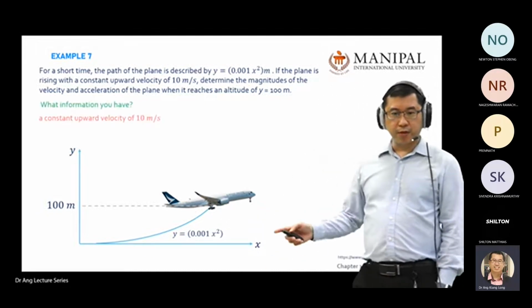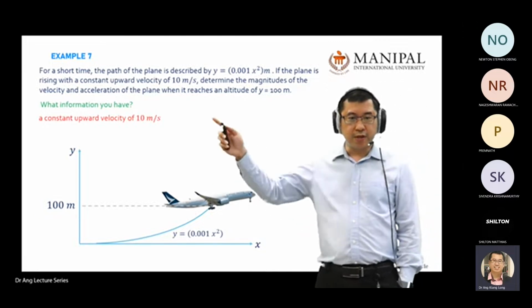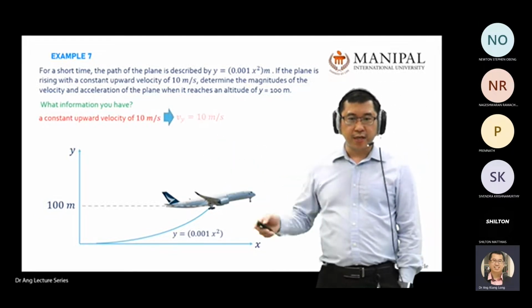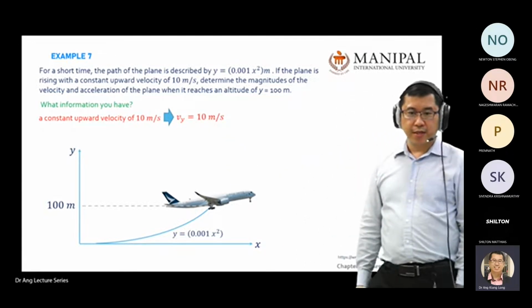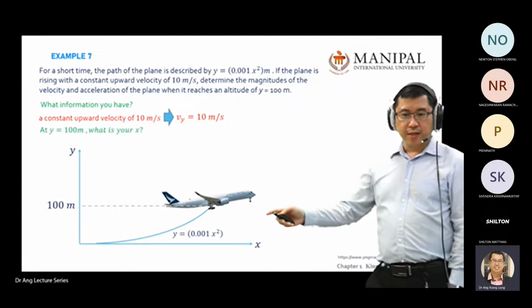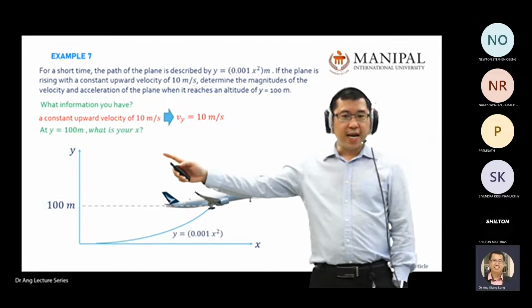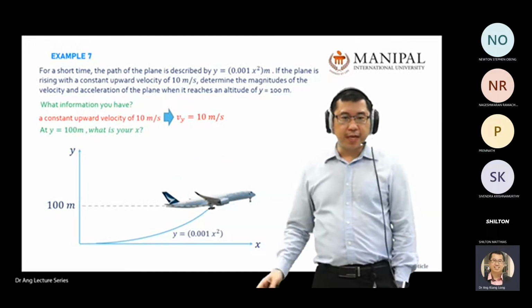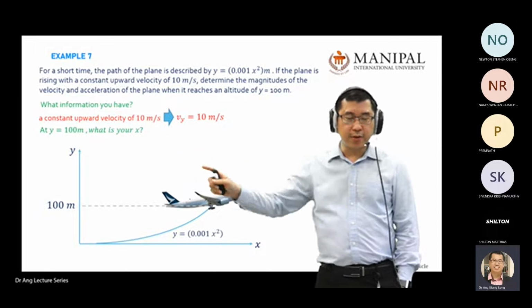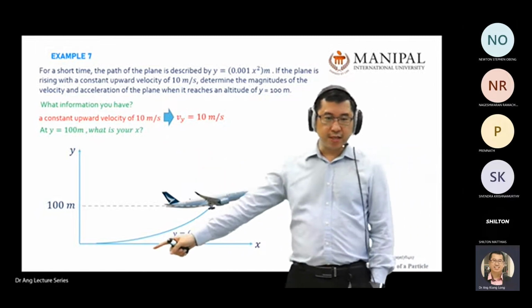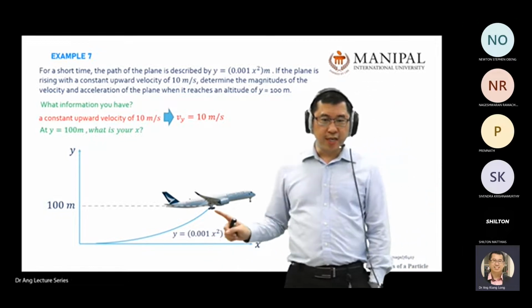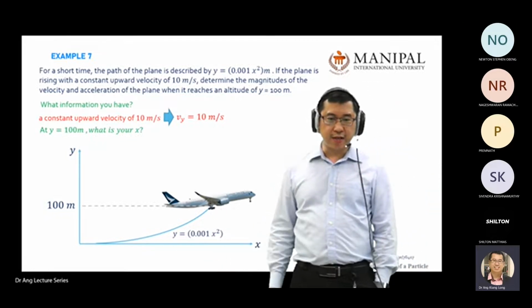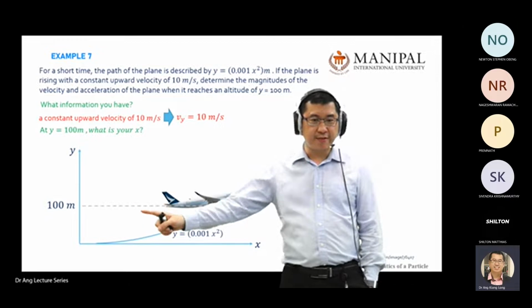Again, you have a constant upward velocity, which is your Vy equal to 10 meter per second. So at y equal to 100 meter, what is your x? Are you able to find it? This is a quadratic equation. If you plot the graph, what is the value of x over here, if you know your y value?